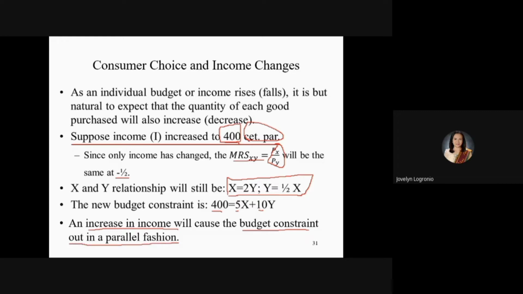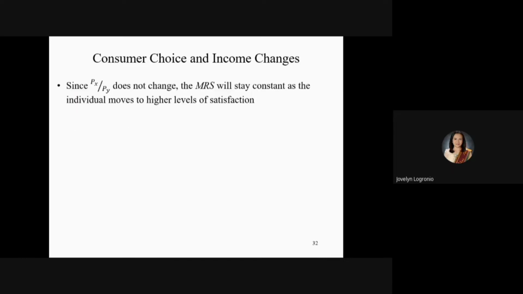There is an entire shifting of the budget line to the right. Since P of X over P of Y does not change, the MRS will stay constant as the individual moves to higher levels of satisfaction. So as income increases, we can expect that the level of utility of the consumer increases.